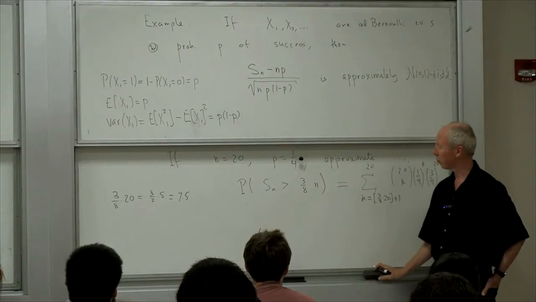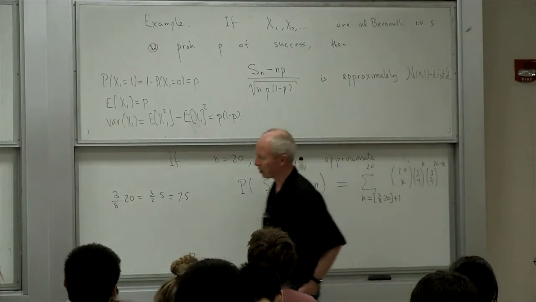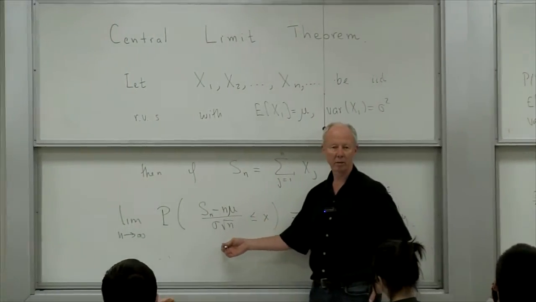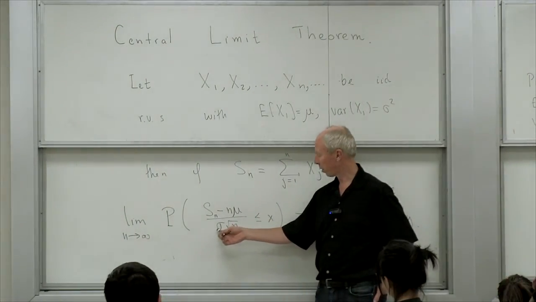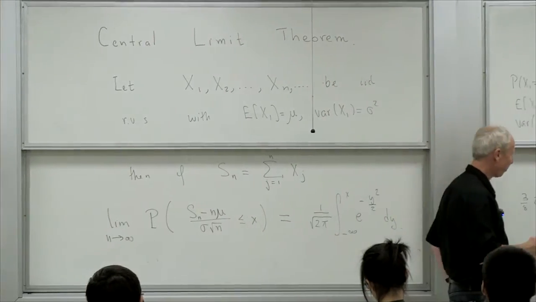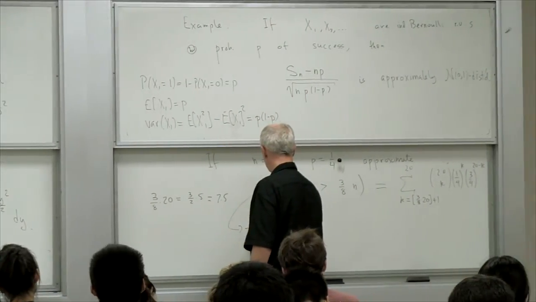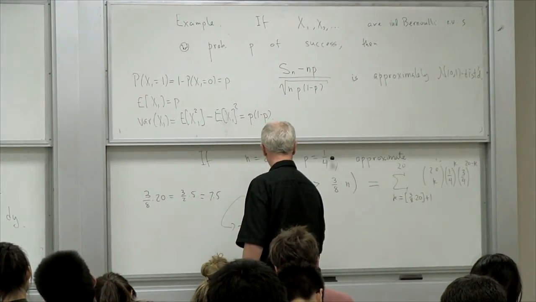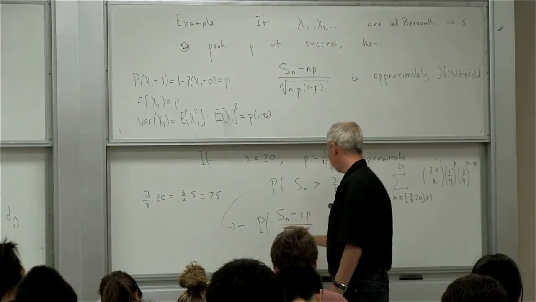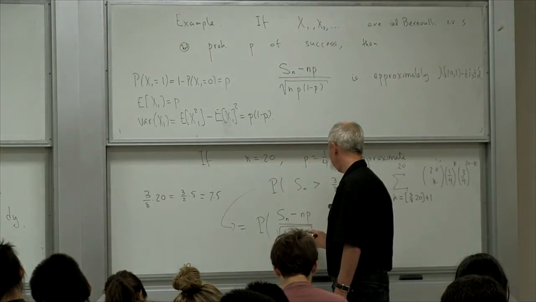So how do we get this into a form where we can use the central limit theorem? Well, what expression occurs in the central limit theorem? If we have a sum, we have to subtract n times the mean and divide by the square root of the variance times the square root of n. Okay? So in here, if we want to compute this probability, we should subtract np and divide by root n p 1 minus p.